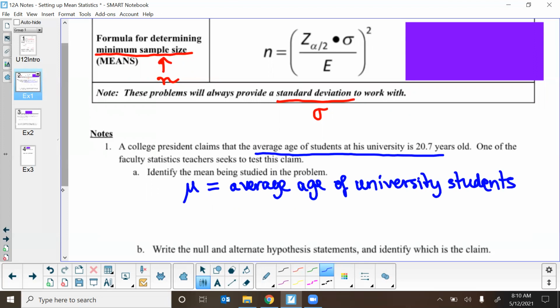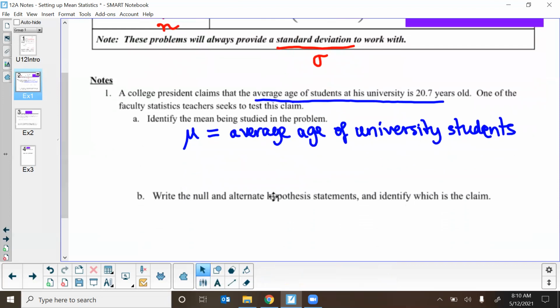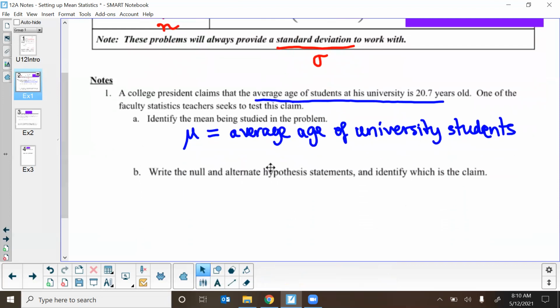And then it says to write the null and alternate hypothesis statements and identify which is the claim. So the college president claims, oh, look, it's right there, claims that the average is 20.7 years old. So he is claiming, remember this mu is like a U with a long front, that mu equals 20.7 years.